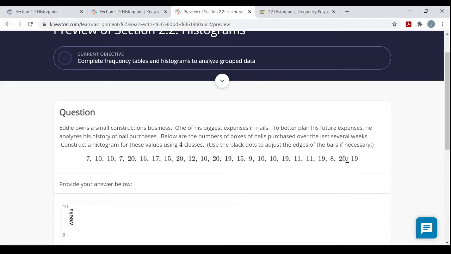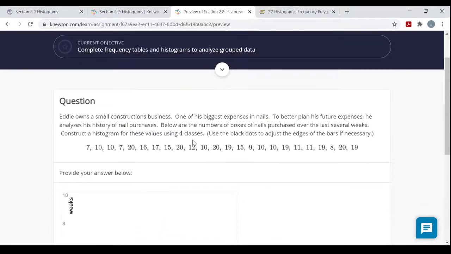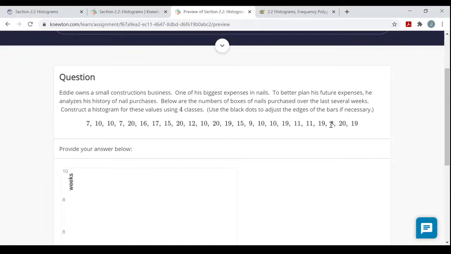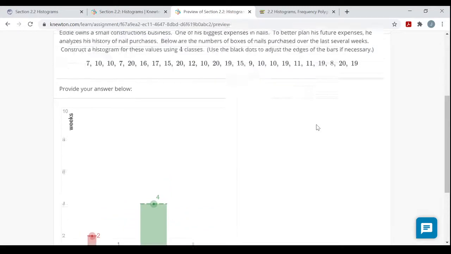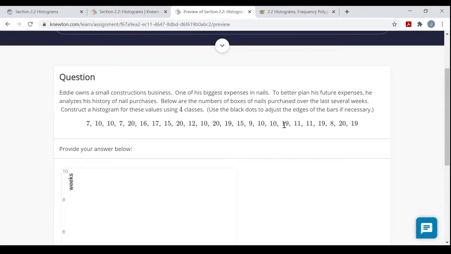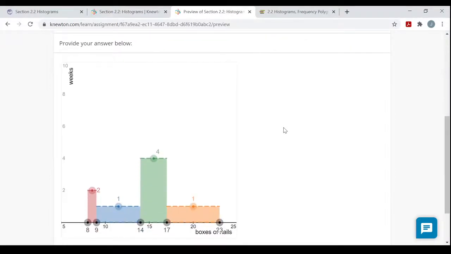Oh no. Okay. But it's still not in order, but you're still doing the same thing. All right, now this time we're asked to make a histogram. Now I'll show you later how to make a histogram with a calculator.